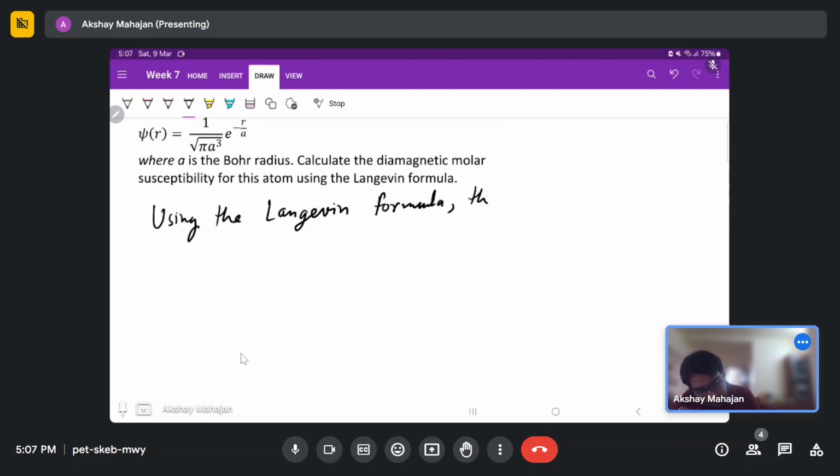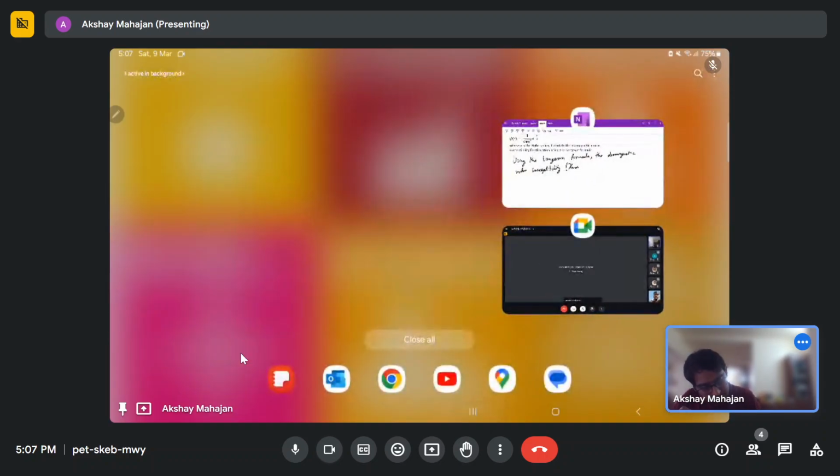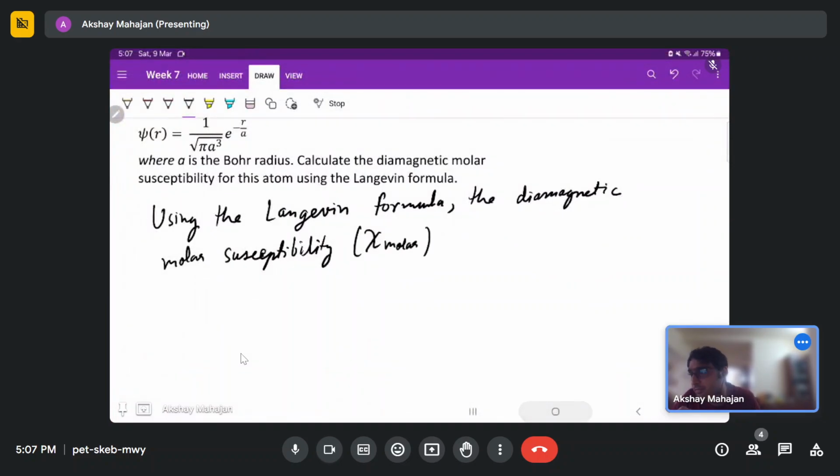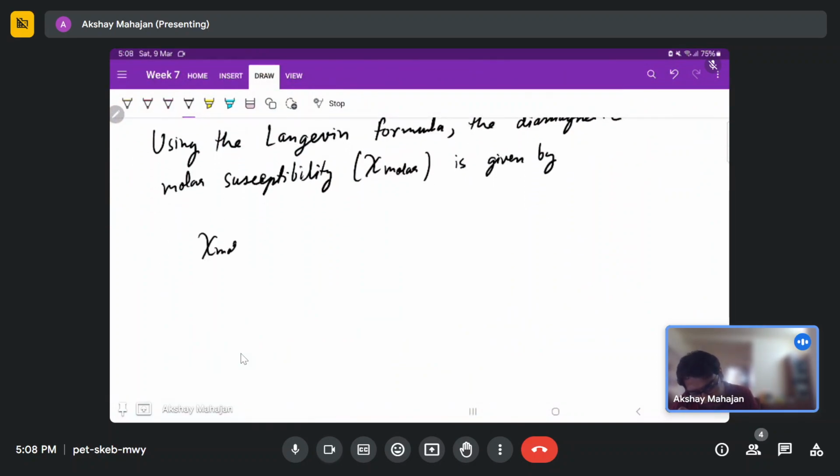The diamagnetic molar susceptibility is given by, as we have seen in one of the other problems today, chi molar equals minus Z e square times Na divided by 6mc square times the average value of r square.